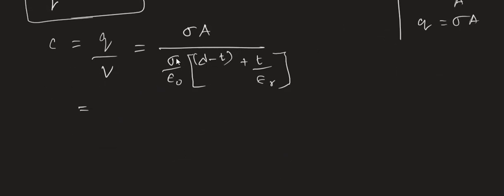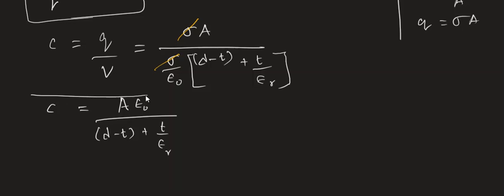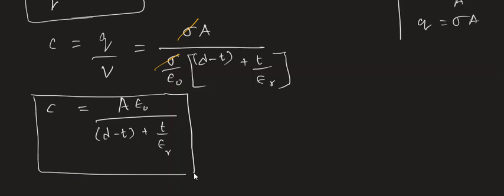Now we can strike out this sigma and bring this epsilon naught to the numerator side. So A into epsilon naught divided by d minus t plus t by epsilon r, relative permittivity. So this is capacitance. So this shows the influence of the dielectric medium.